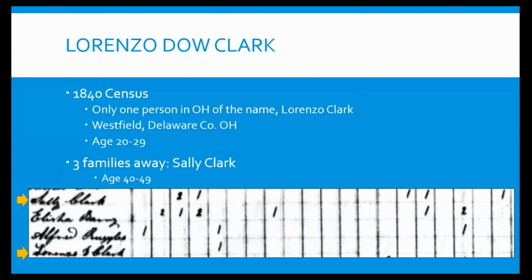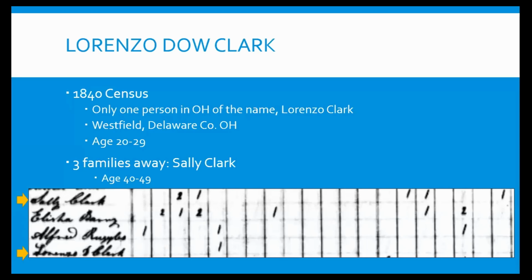Now, in this census, in looking at the 20 names before and the 20 names after, we come across somebody also named Clark who's basically 3 names away. So we've got a Sally Clark who's age 40 to 49.